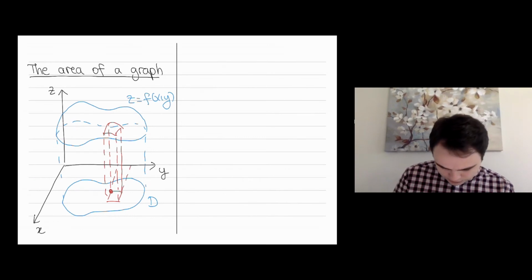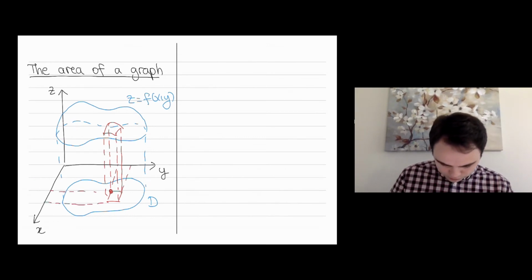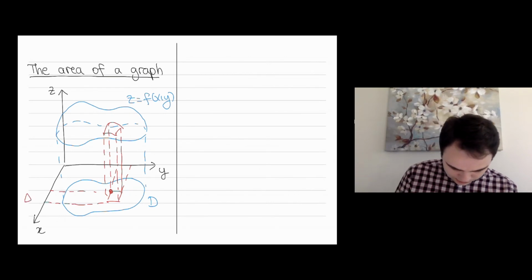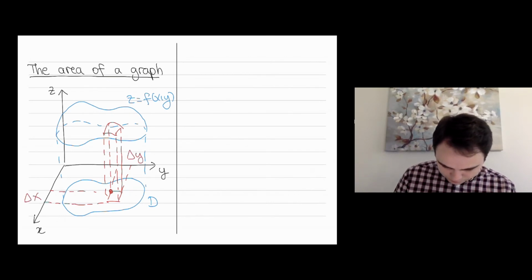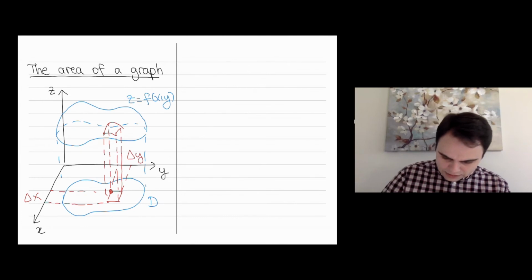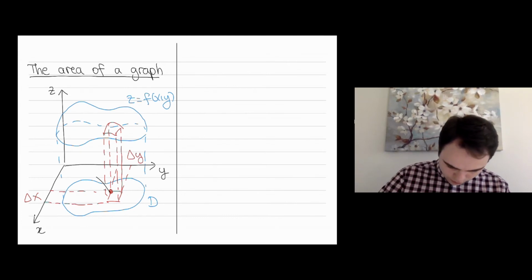First, let me call the width and the height of this little rectangle delta x and delta y. Let me say this point over here has coordinates x0 and y0.